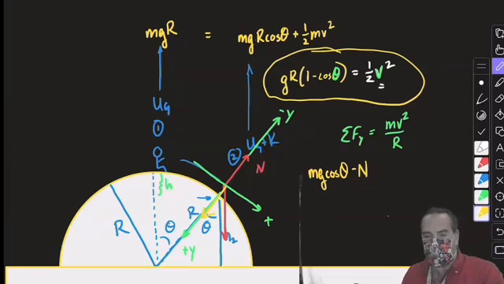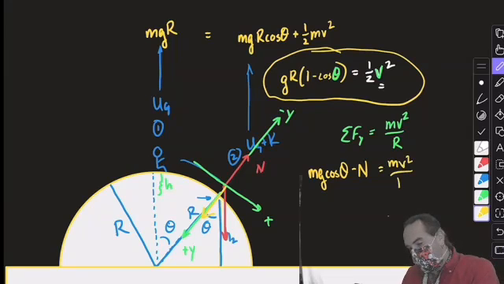Normal forces can only push away. Well, it seems to me that there's some limiting factor here. And I will have yet another relationship between theta and velocity. Seems to me I need to eliminate velocity so I can solve for theta.